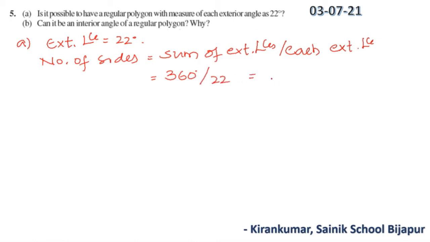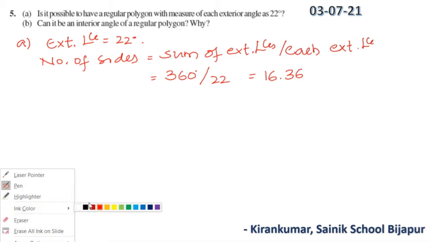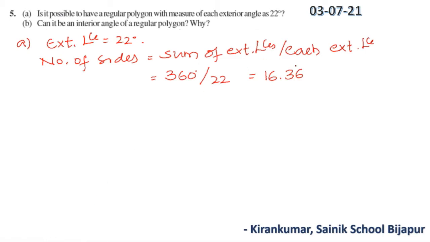On calculating this, we get it as 16.36. Very importantly, we must identify this particular part. This is 0.36. Can the number of sides be a decimal? It can't be.